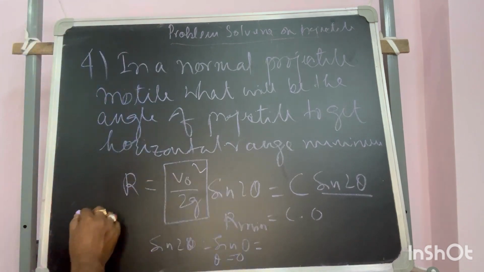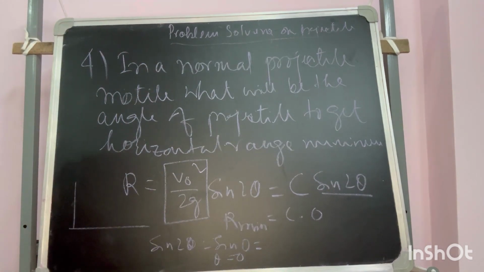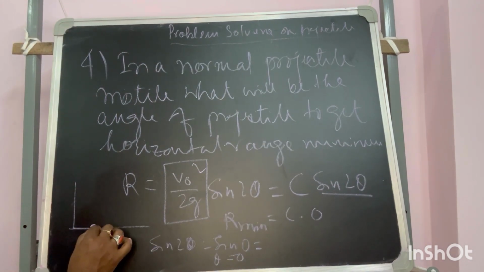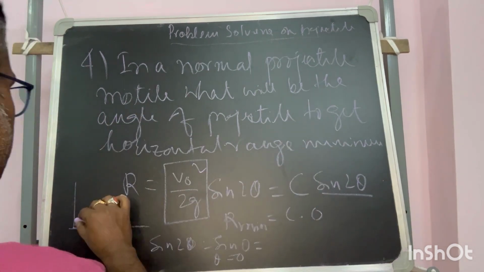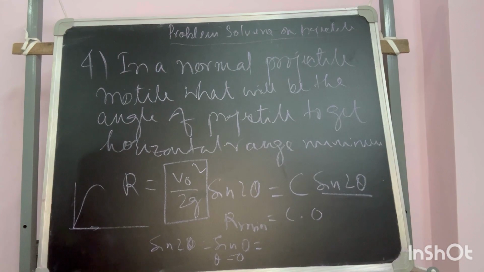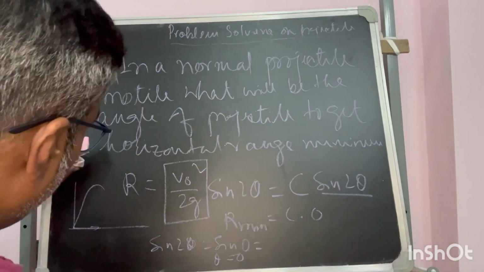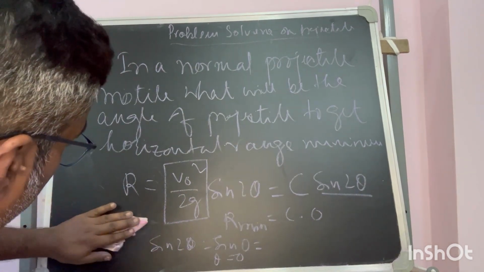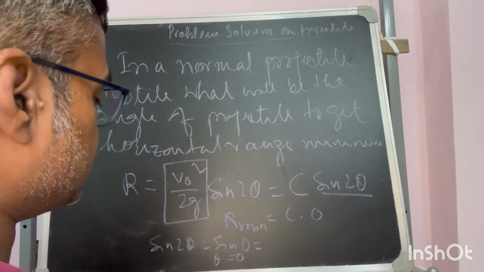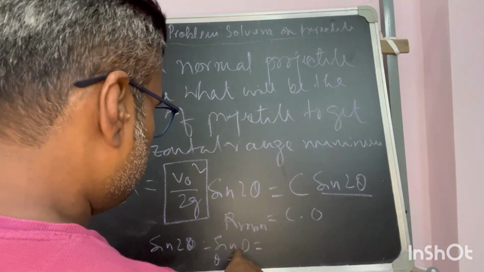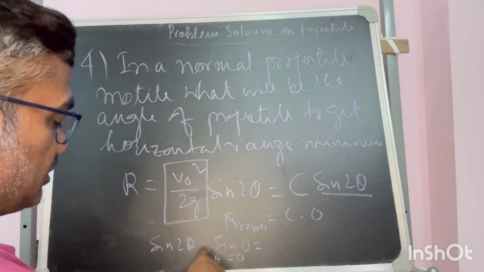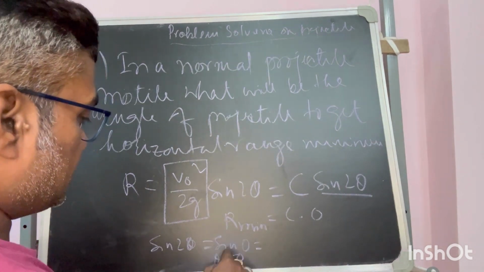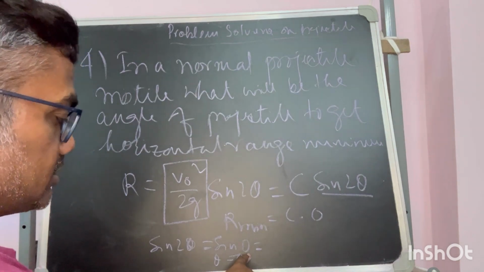Theta equal to 0 means there is no projectile, I am throwing this horizontally. Projectile, as per definition, is some object thrown in the air. So to match that concept of projectile, I cannot consider sine 2 theta being 0 as equivalent to sine 0.